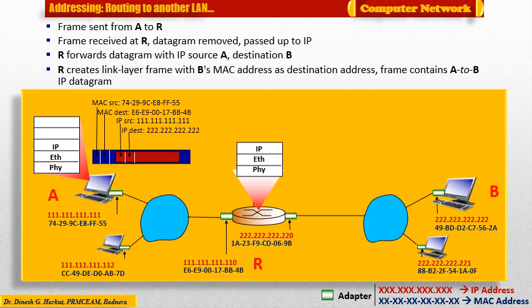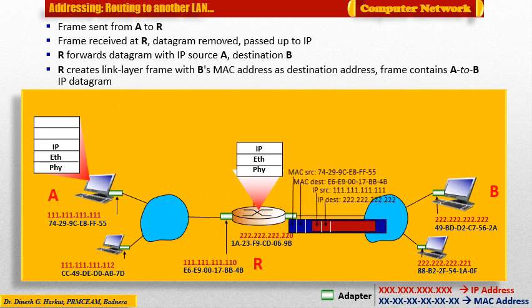The router adapter on subnet 1 sees that the link layer frame, this particular frame, is addressed to it, and therefore it passes the frame to the network layer of the router, and thus the IP datagram has successfully been moved from the source host to the router.